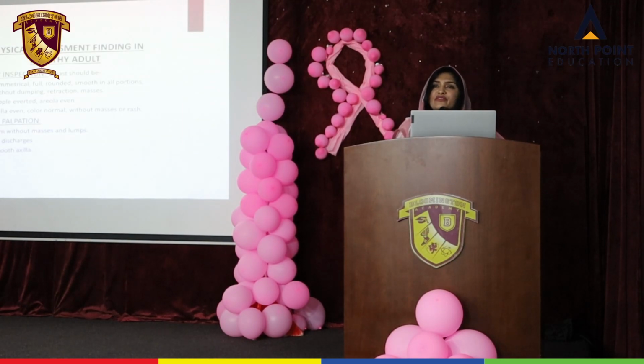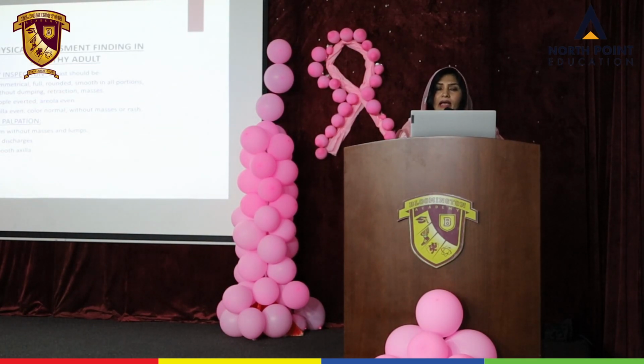So what are the parts of the examination? First is inspection, where you visualize, and the second is palpation. In inspection, what you will see is that the breast should be symmetrical, full, rounded, and smooth in all portions, without dimpling, retraction, or any masses.